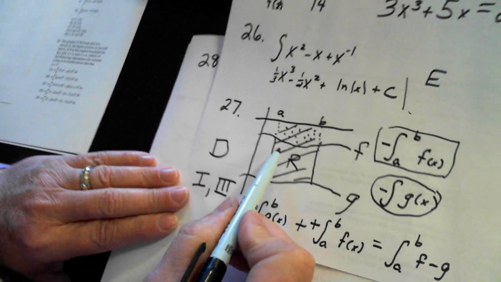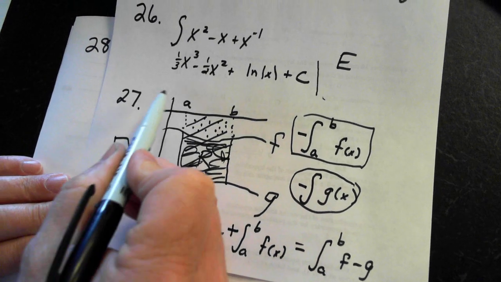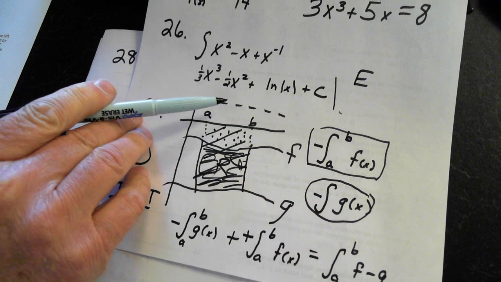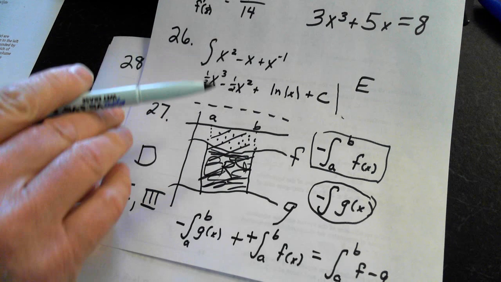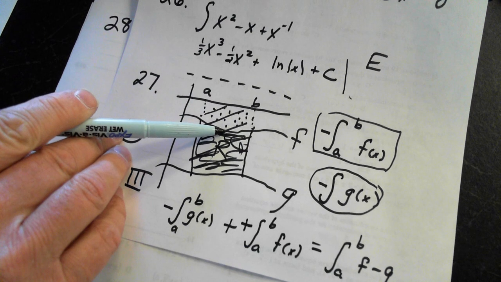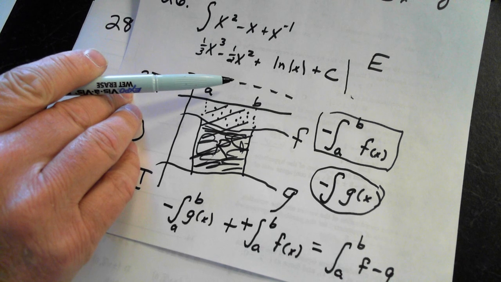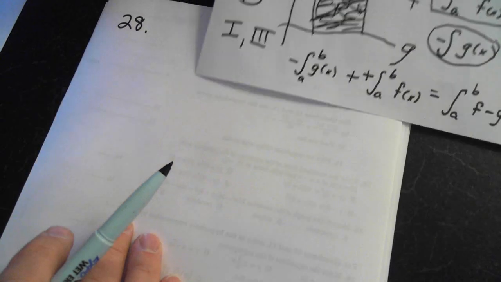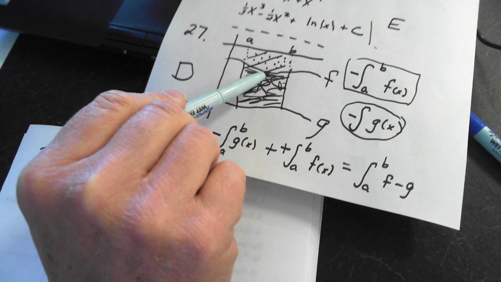In 28, they're talking about taking this area R and rotating it around y equals 1, which is way up there. That's going to make a hole. I hope you can see the hole. If you rotate this around y equals 1, the hole is going to be as big as it is to F and 1 bigger, isn't it? So the important thing to see here for number 28 is that your hole has got to be the opposite of F, because F is negative, plus 1.